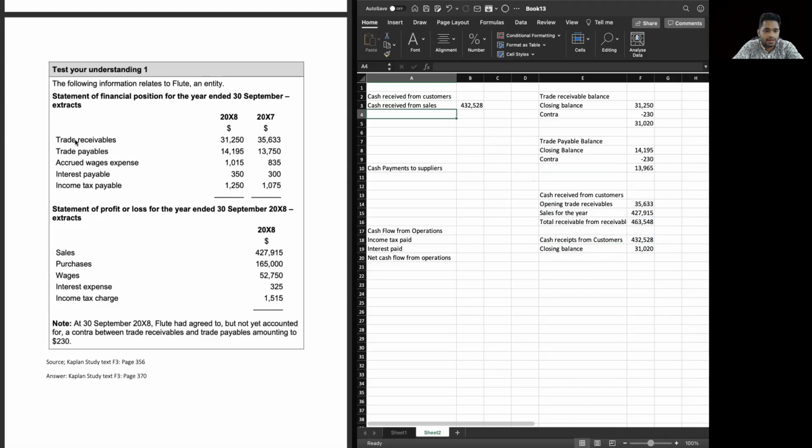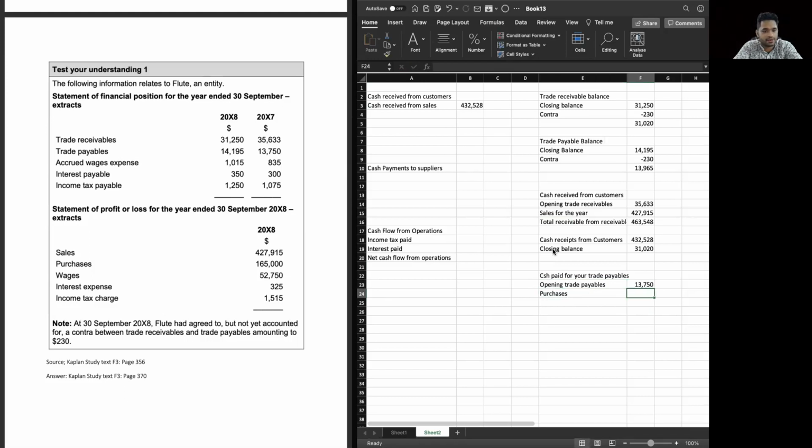Right. Now, the next one is going to be your purchases. So that is cash paid for your trade payables. Now, your opening trade payables is going to be 13,750.